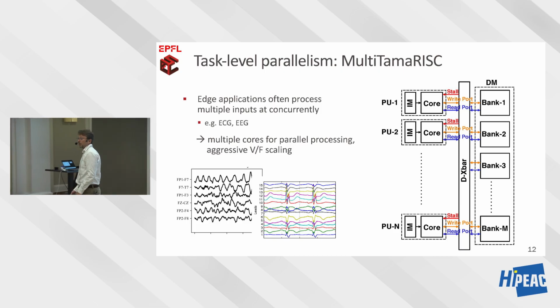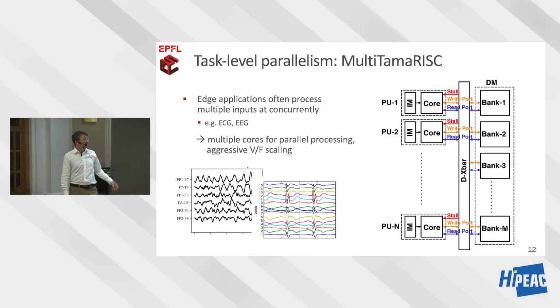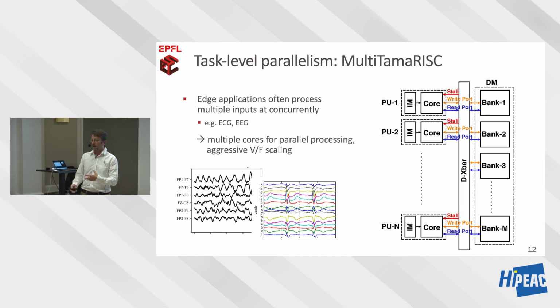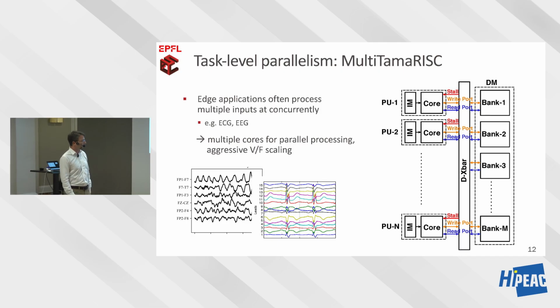The idea here being that in this way we can have applications which are mapped into different regions of this multi-bank memory, and that if some data can be accessed at the same time by multiple processors, then we can have some efficiency gains there.